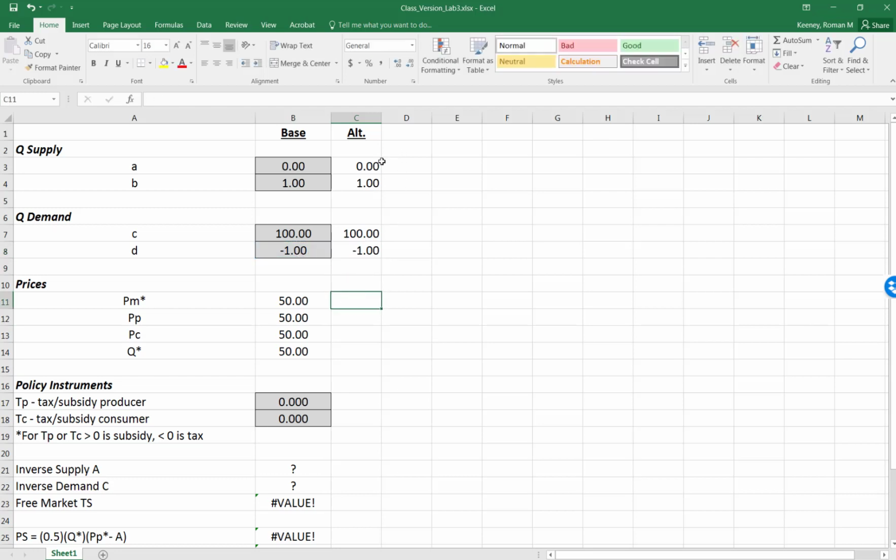That way, if you make one change here and you decide that the slope of the supply curve is now going to be 1.5, your base case and alternative case adjust together, which is how you would want to do it, right? That's how you want to make sense of this, is comparing column B versus column C.